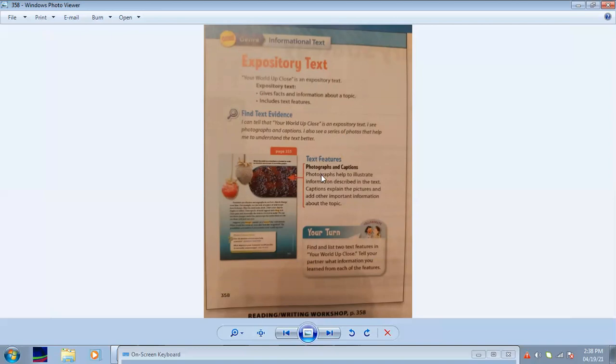The text features that we're focusing on with our expository text this week, and the expository text this week that we're doing is a science topic. The text features are photographs, captions. Photographs, we know, are pictures that are taken with a camera, and captions are the words that are written above, beside, or below the photographs to tell us what the pictures are about and give us more information about our topic.